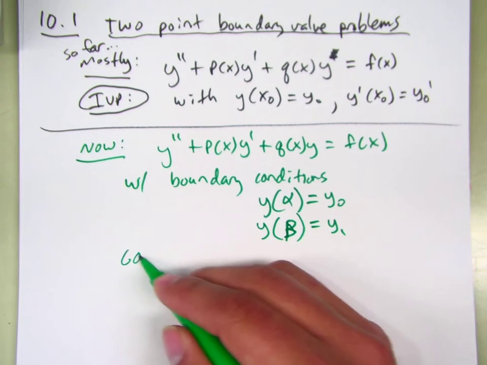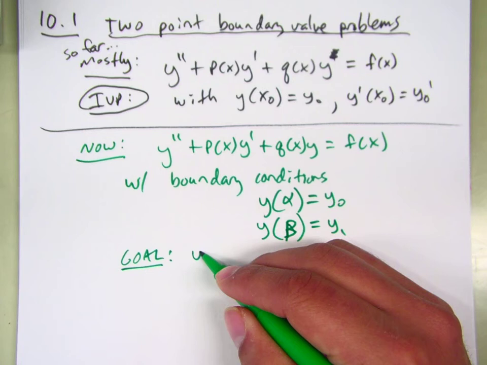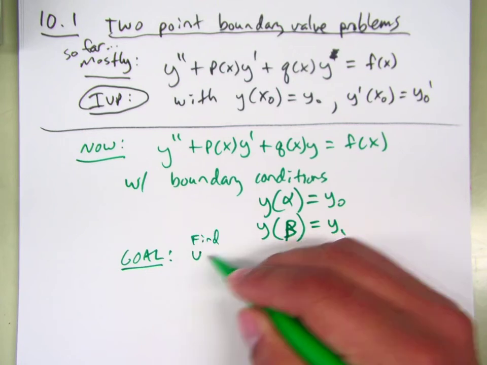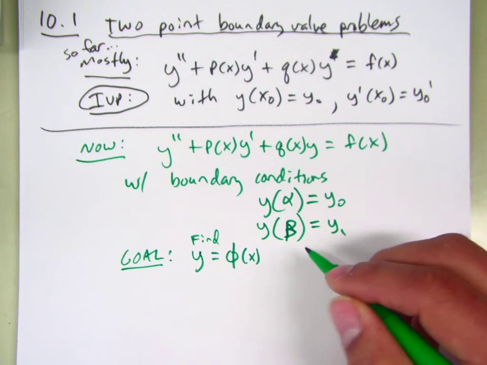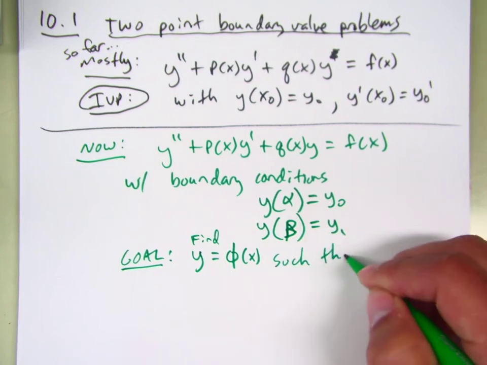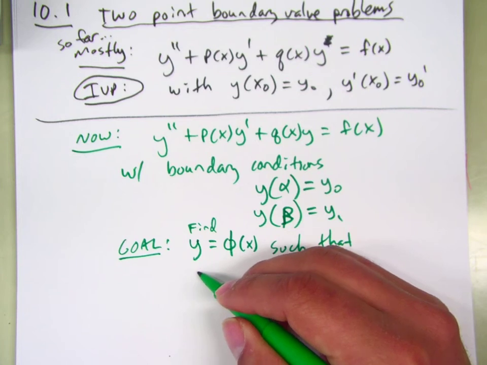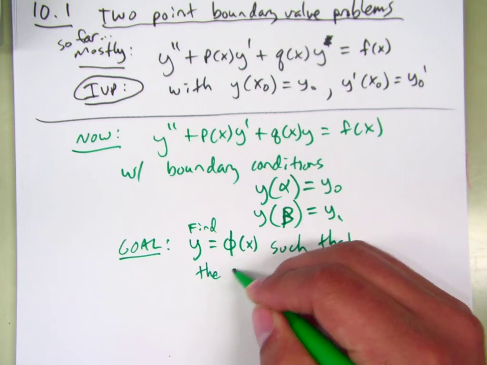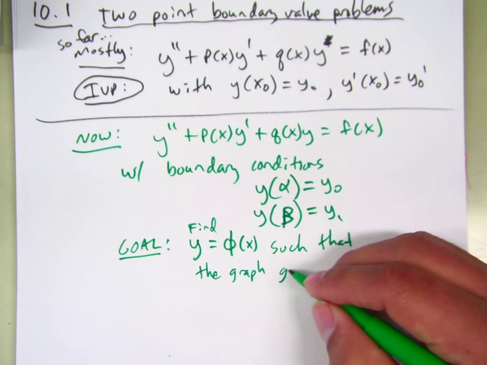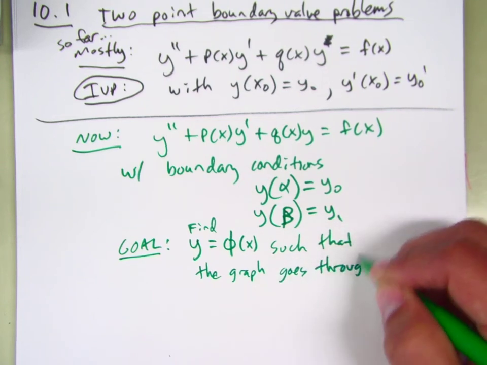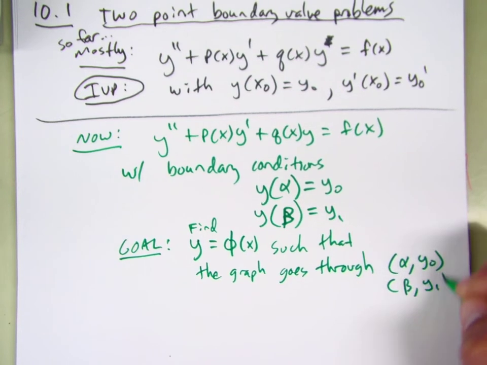Okay, and so the goal here was to find a solution, y equals, we'll call it phi of x, such that the graph goes through these points, alpha y naught, and then beta y1.